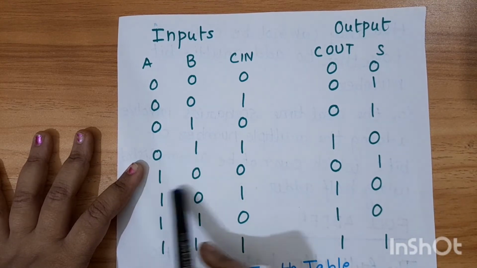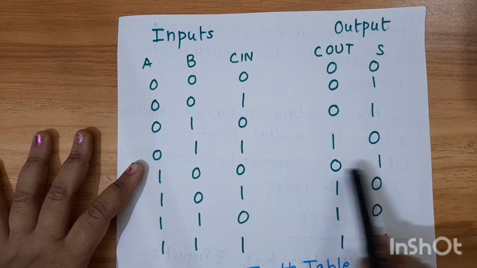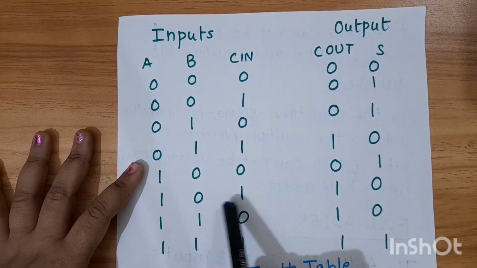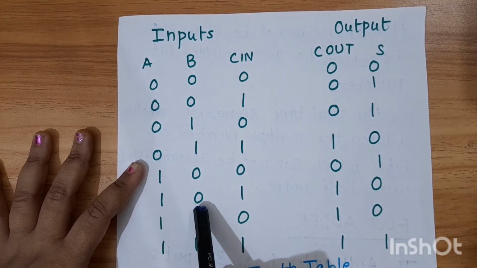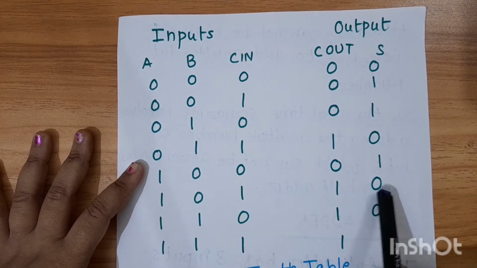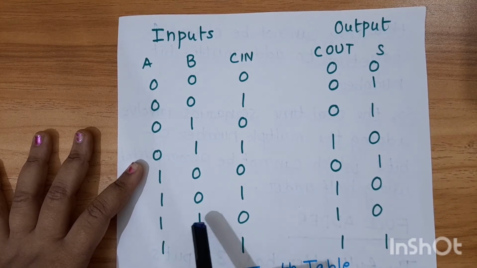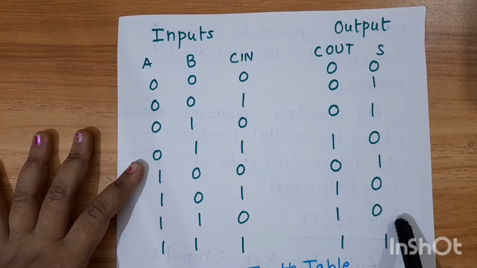For 1 0 0, XORing gives 1. For 1 0 1, 1 XORed with 0 gives 1, then 1 XORed with 1 gives 0. For 1 1 0, 1 and 1 XORed give 0, and 0 XORed with 0 gives 0.